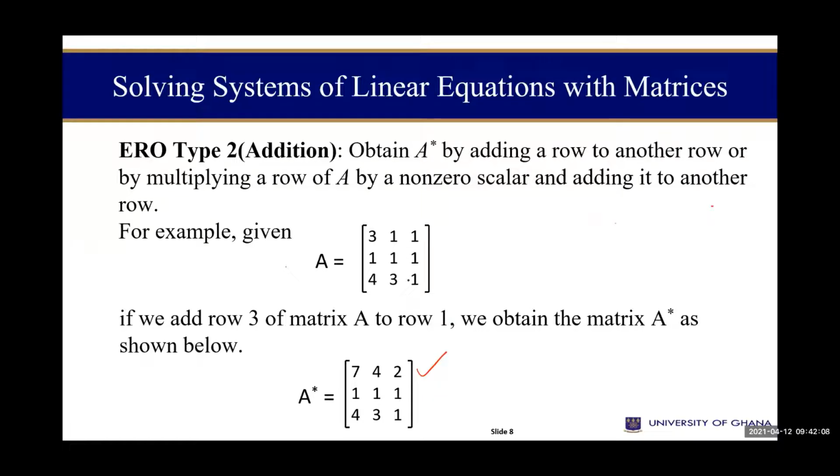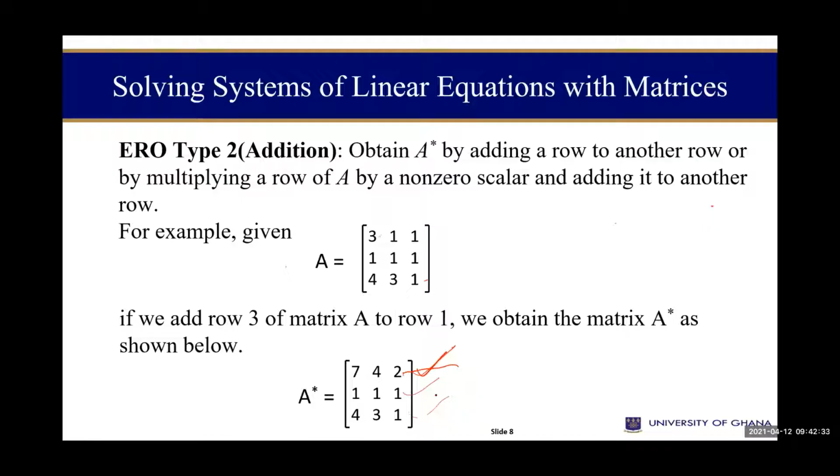It means that I'm adding 4 plus 3, 3 plus 1, 1 plus 2, but I'm trying to transform row 1. So my next matrix is going to be 7, 4, 2 in matrix A star for row 1. Row 2, row 3 remain the same.